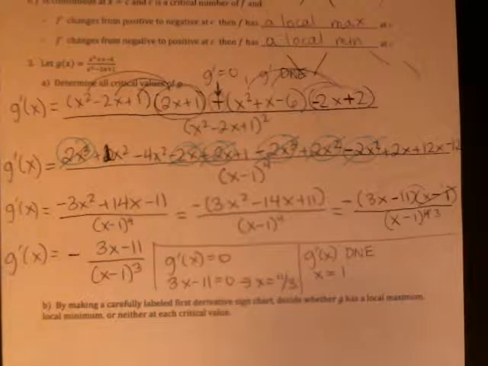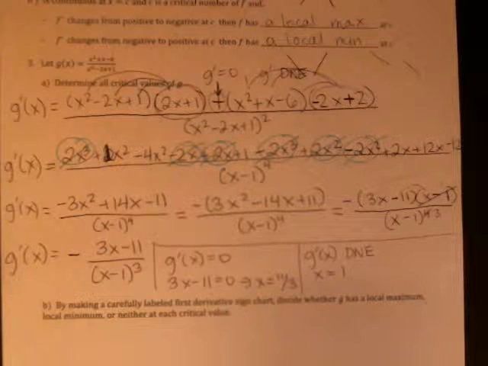I don't know if I stressed this a whole bunch when I gave you the definition of critical numbers, but it does say in there that a critical value or number, it's the same thing, sorry if I switch back and forth, is an x value in the domain of the function for which the derivative is 0 or undefined.